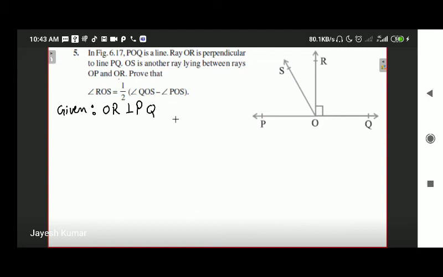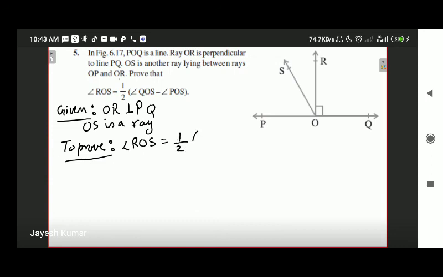Secondly, OS is any ray. Next, you have to prove that angle ROS is equal to half of angle QOS minus angle POS.